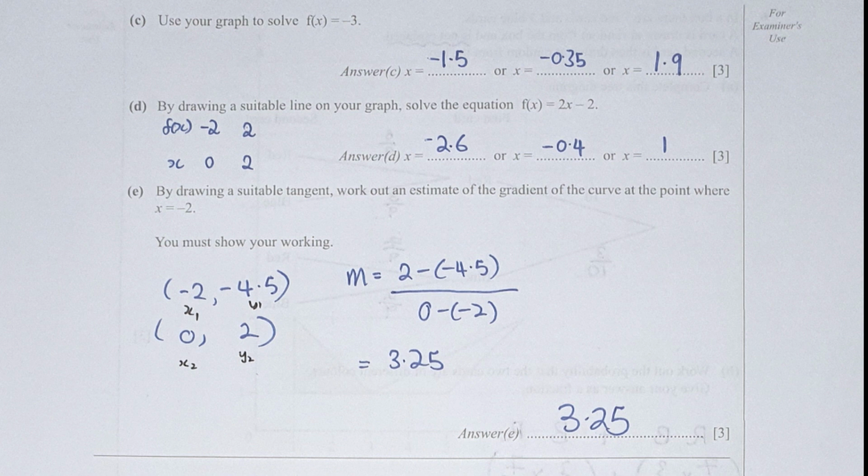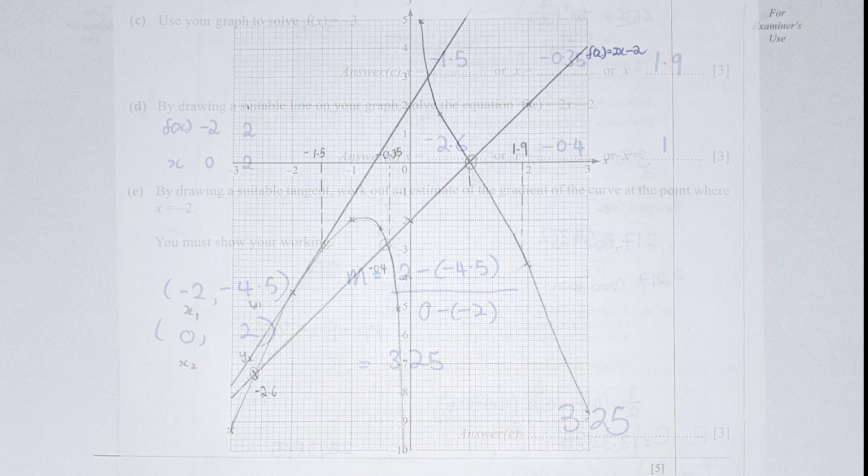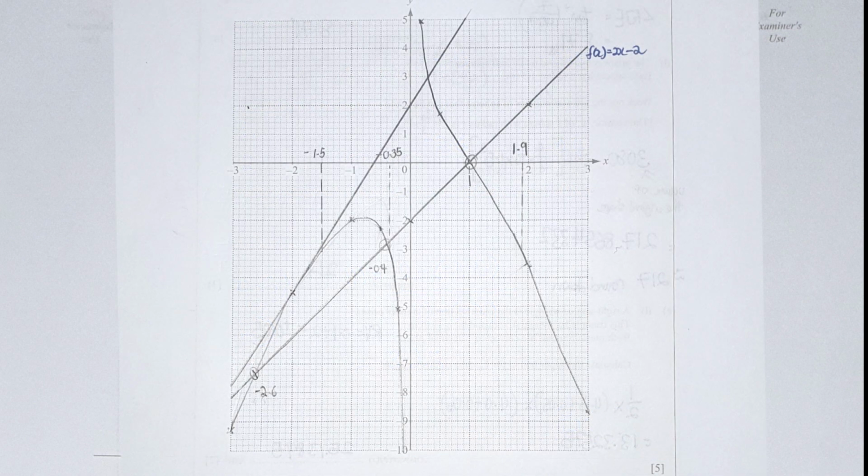Whereby for part E, draw a tangent where x equals negative 2. To draw the tangent line, all you need to take note of is that when you construct the line, there will be both sides of the curve. All you need to do is make sure that both sides have similar distance, that the line to the curve itself has similar distance.